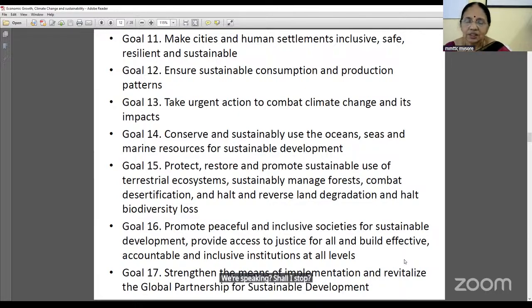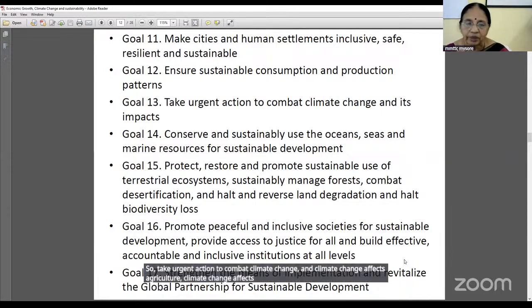Okay. So take urgent action to combat climate change, and climate change affects agriculture. Climate change affects everybody, you and me. So we need to look at the climate change effects and how to reduce those adverse impacts of climate change, and conserve and sustainably use the ocean, seas, and marine resources for sustainable development.